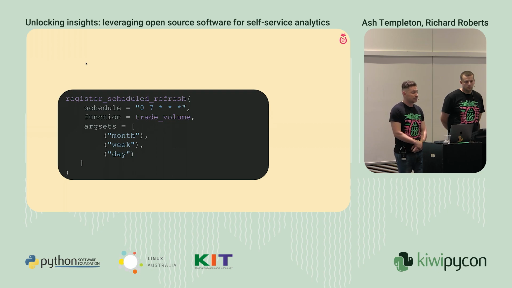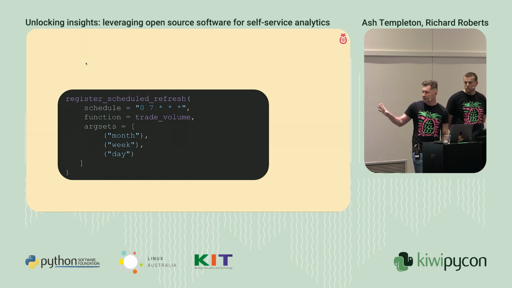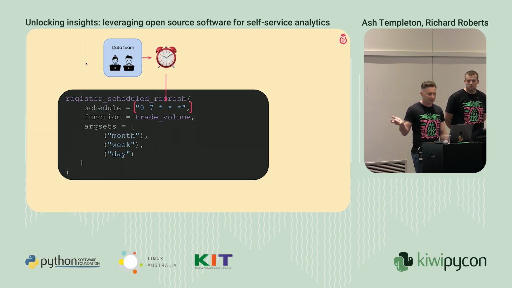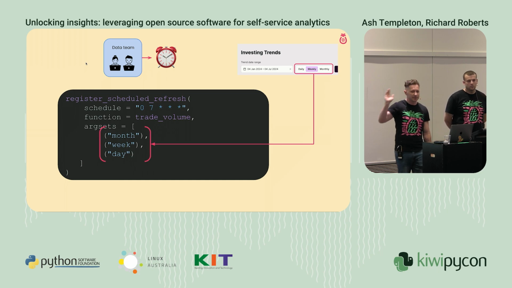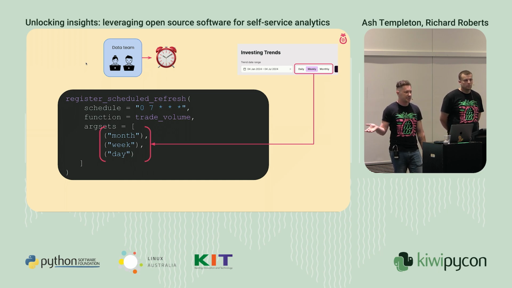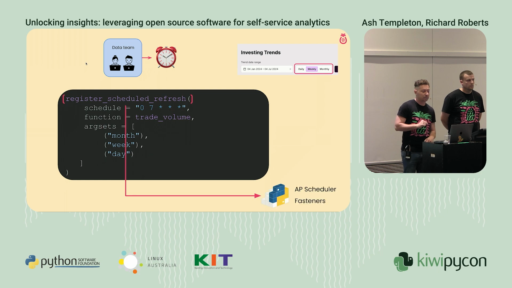So that motivates having a caching subsystem that gets all the data you need ahead of time. Okay, so to do that, the data team uses these calls to register their data functions to be scheduled. They provide a reference to the data function. They attach a schedule. We use a crontab syntax for this. That one says every day at 7 a.m. And then they don't provide state from the interface, but list the different states the interface can take that are relevant to this query.